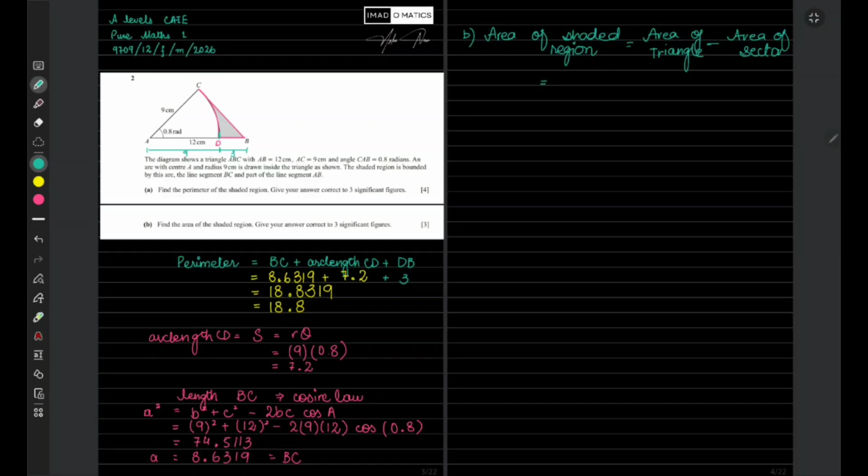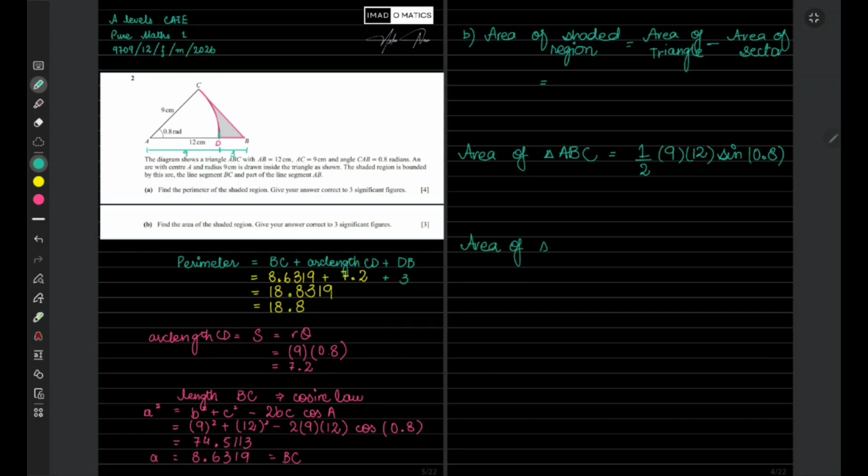For the area of the triangle, we can use the sine formula because we have 2 sides and the included angle. Doing it separately, the area of ABC is half ab sin C, so half times the 2 sides, 9 and 12, times sine of 0.8, and I'll calculate it at the end.